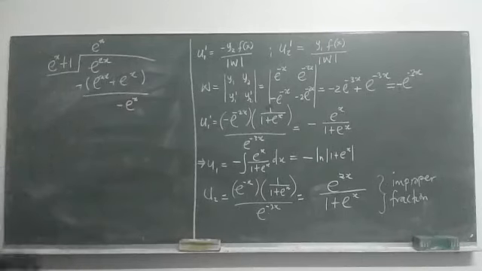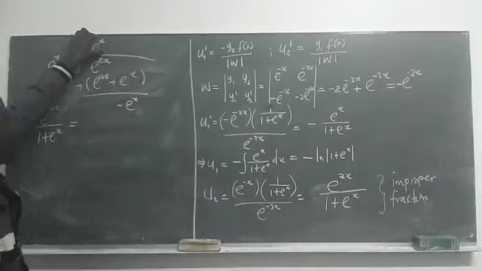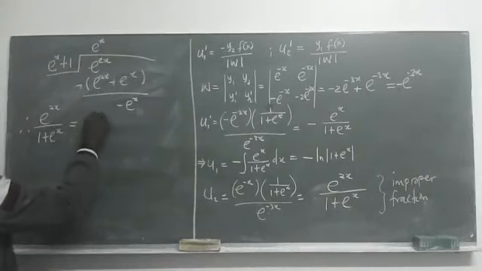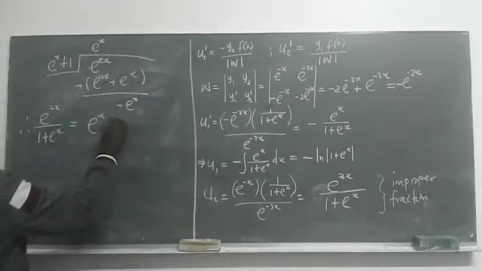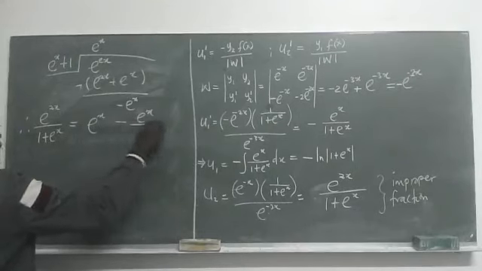As you can see, this is bigger than that. I can't divide anymore. So therefore, I can happily say e to the power of 2x over 1 plus e to the x is equal to that whole number, plus the remainder over the divisor.